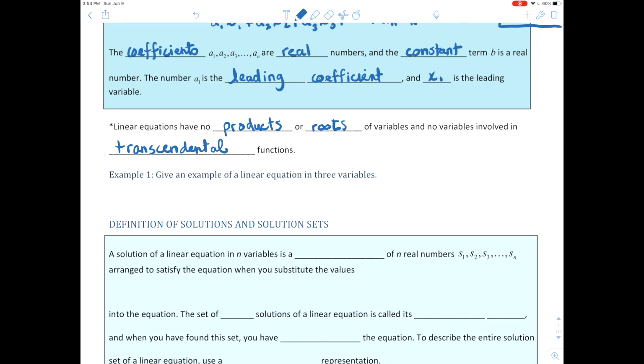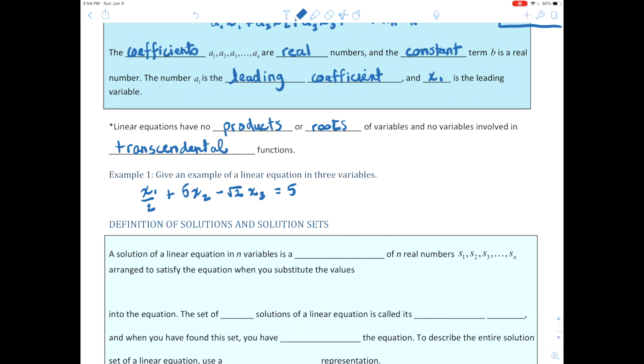All right, so the one I'm going to come up with is x1 over 2 plus 5x2 minus root 2 x3 is equal to 5.